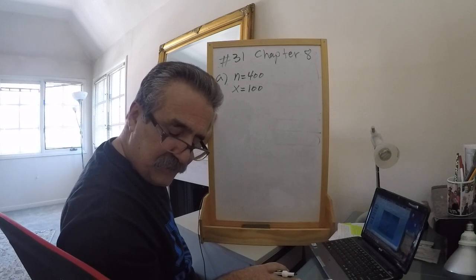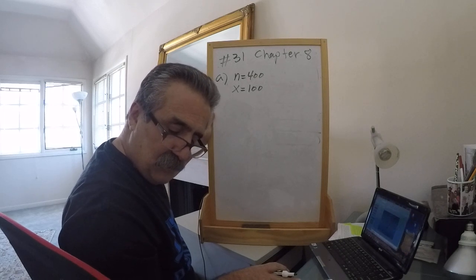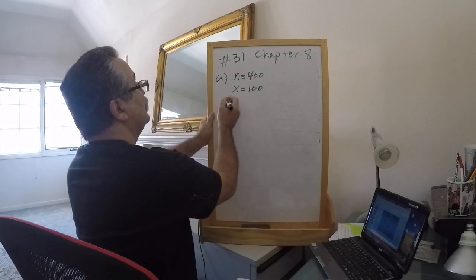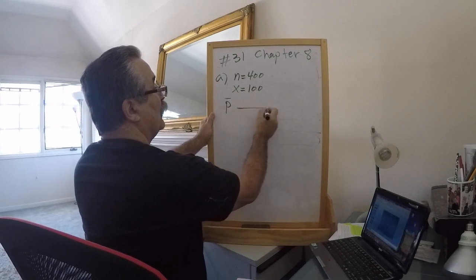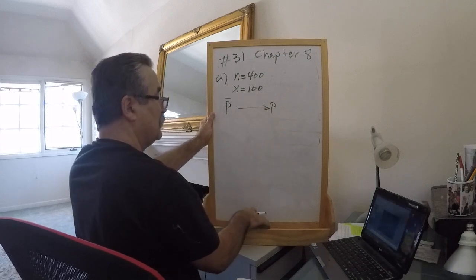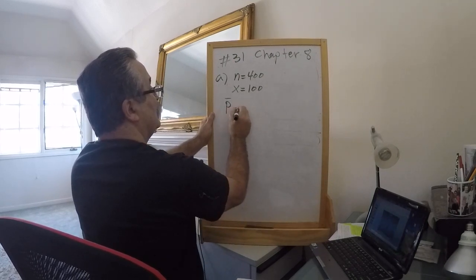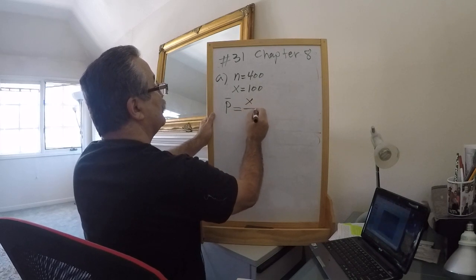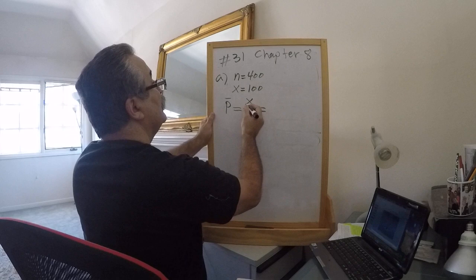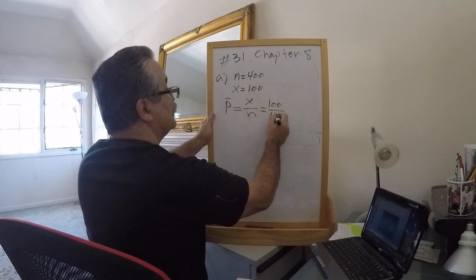So in this case, they just want us to go ahead and find the point estimate. If you remember, this is the point estimate for this. So we have to find the point estimate, which is x divided by n. So x is 100 divided by n, which is 400.